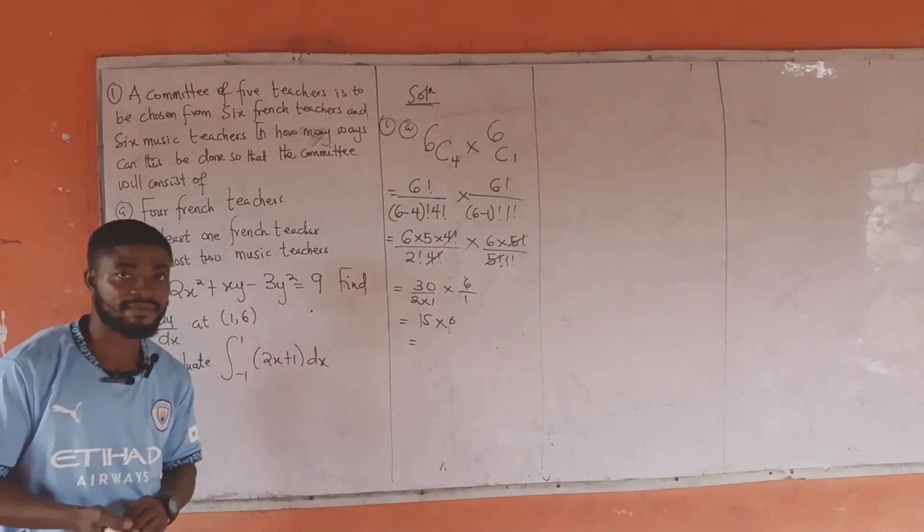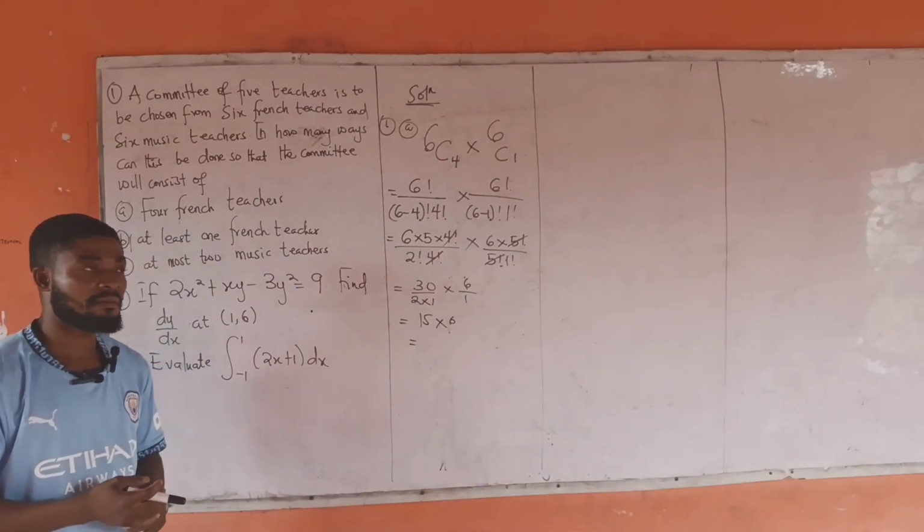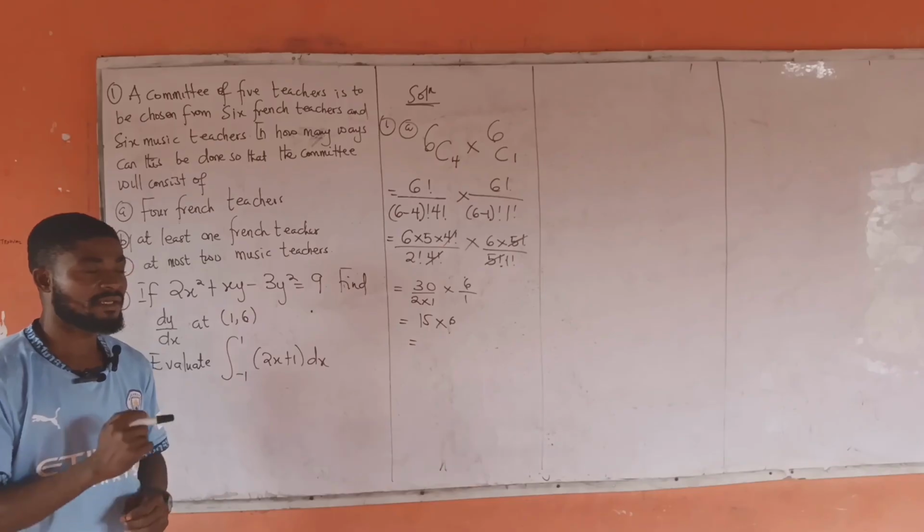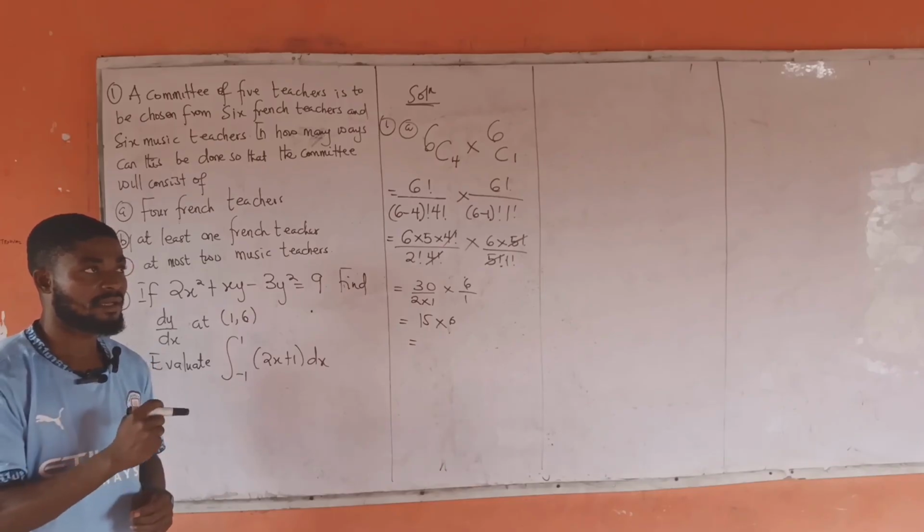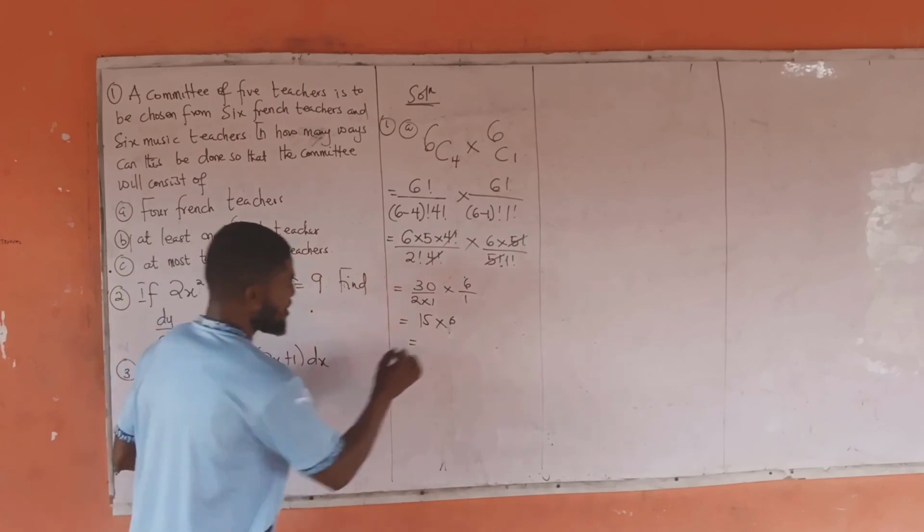So 15 times 6, that should give us 80 if I'm not mistaken. 630. So that should give us 80.